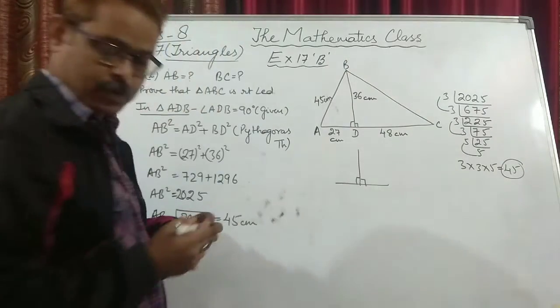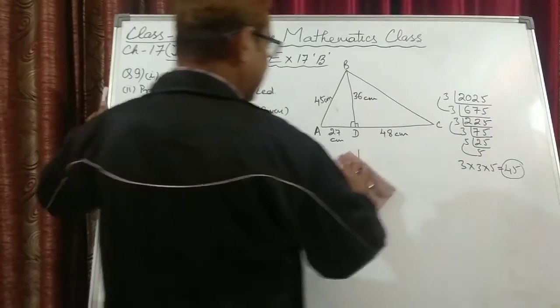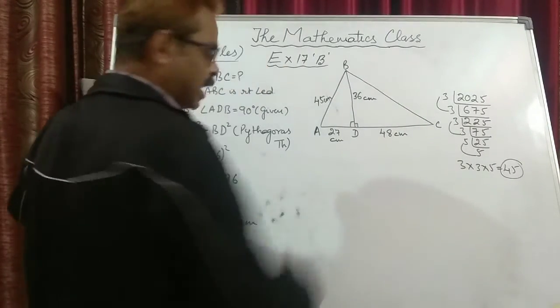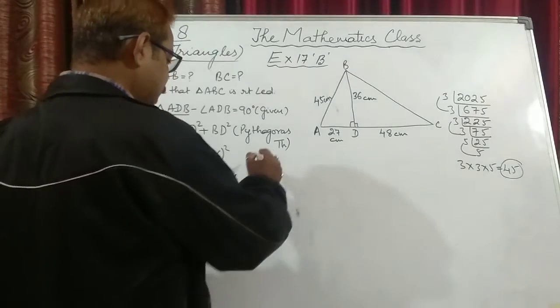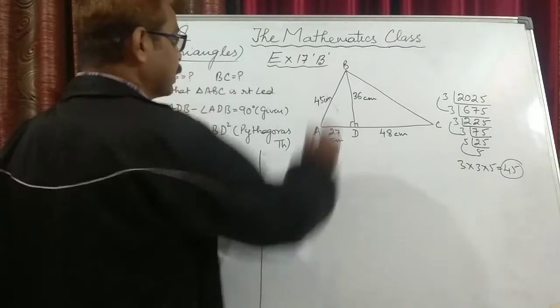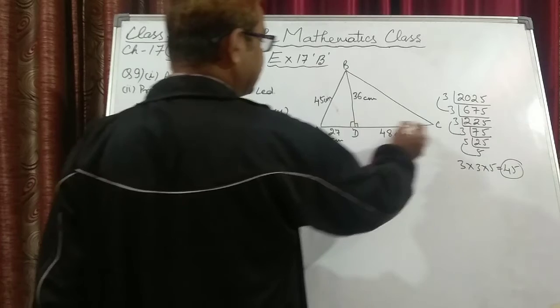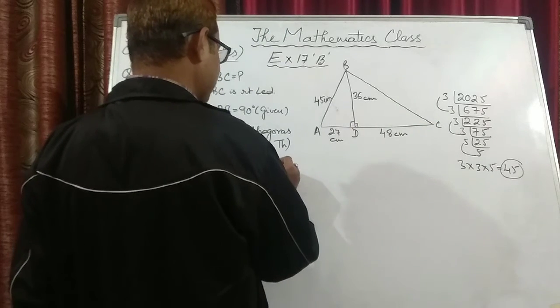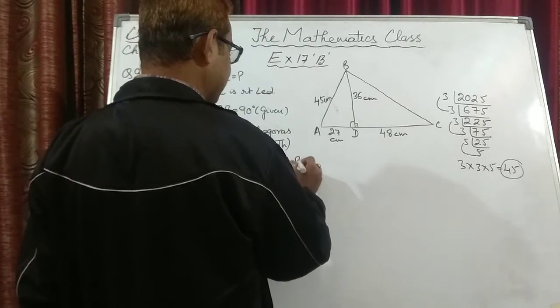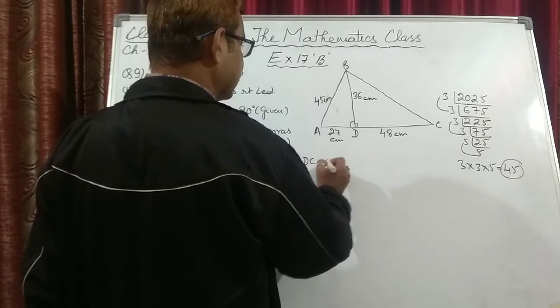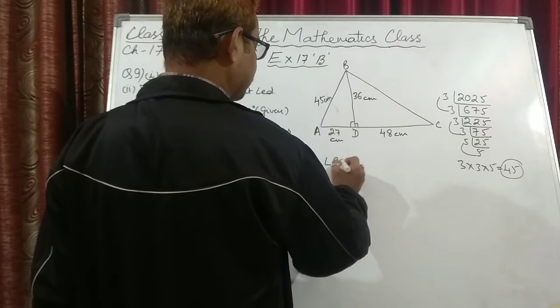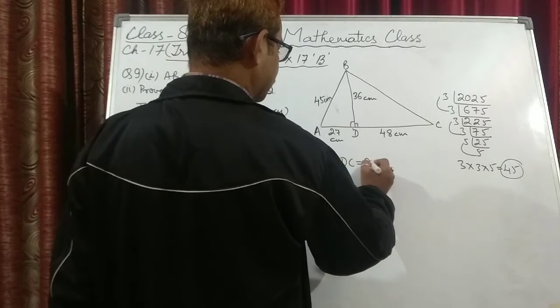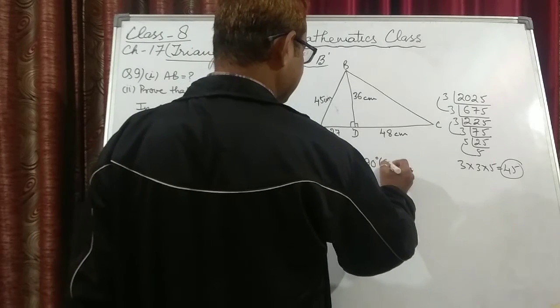Now when we are talking about BC, we can see that BC is also the hypotenuse, but in another triangle. Which triangle? If we talk about BDC, in triangle BDC, we have angle BDC equal to 90 degrees, and that is given.